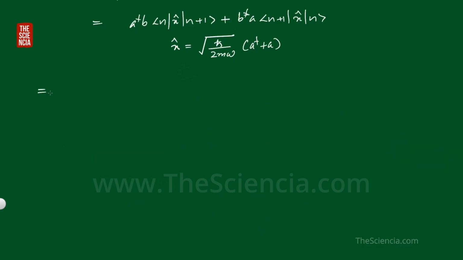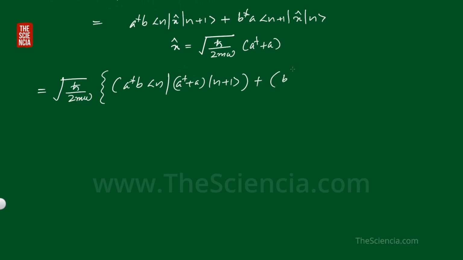We have to substitute this value, so we get root h cross by 2m omega as a common term into a star b bra n a dagger plus a ket n plus 1 plus b star a bra n plus 1 x cap, which is a dagger plus a, ket n.